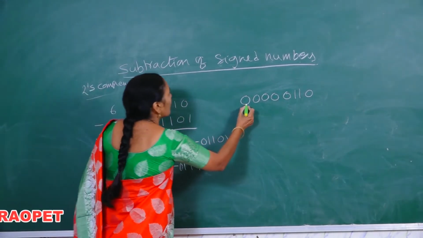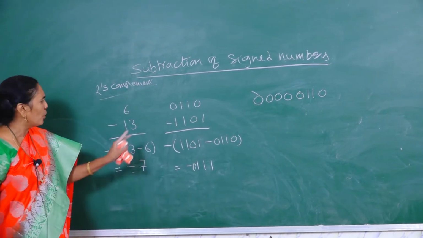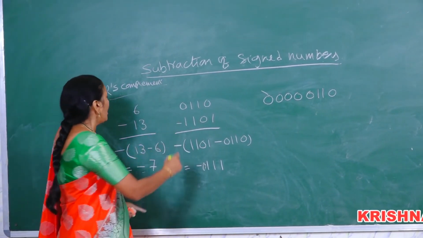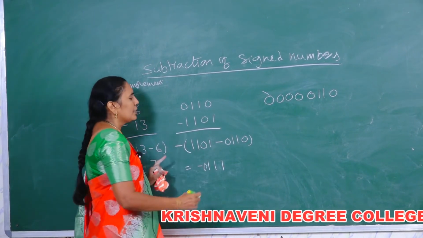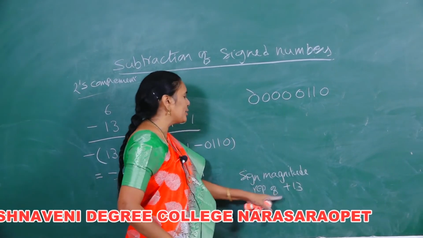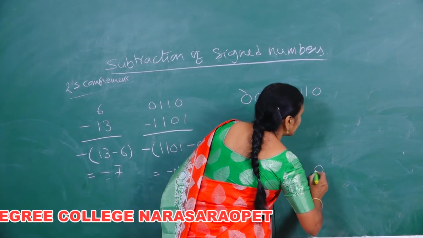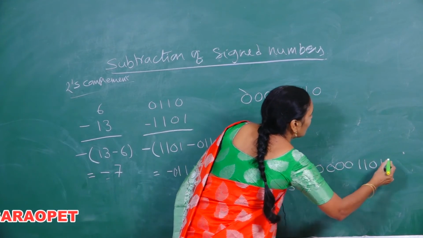So, as it is a positive 6, the sign bit is 0 to indicate that the answer is positive. Now, I have to get the 2's complement of 13. The sign magnitude representation of 13 in 8 bits is 0, 0, 0, 0, 1, 1, 0, 1.